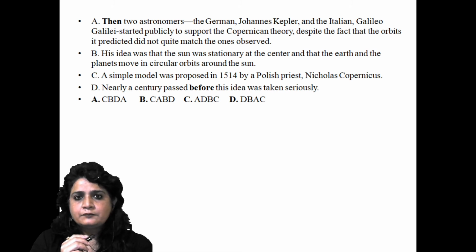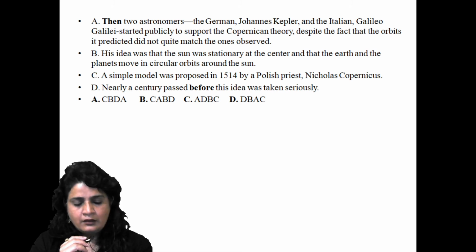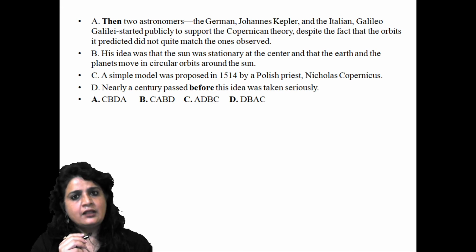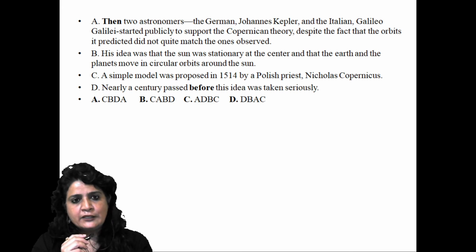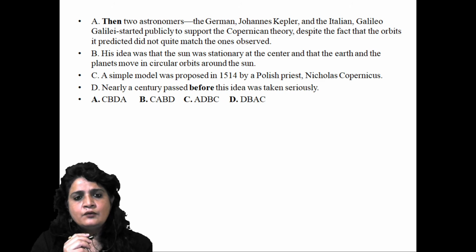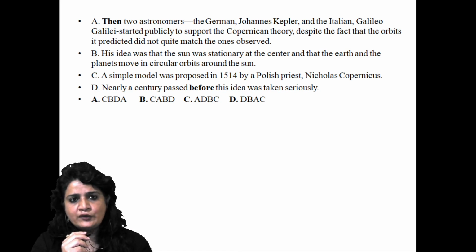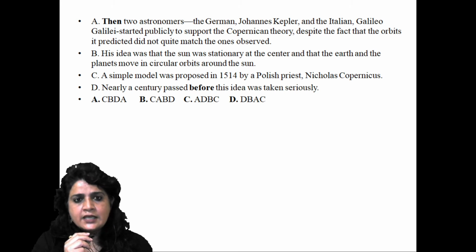Now, as we again go by our understanding of paragraph, we will try to see the topic sentence and then supporting details and concluding statement. So we see here C as the opening statement. Two options are saying that C could be the opening statement. We have overruled A and D. So let's see C as the opening statement.